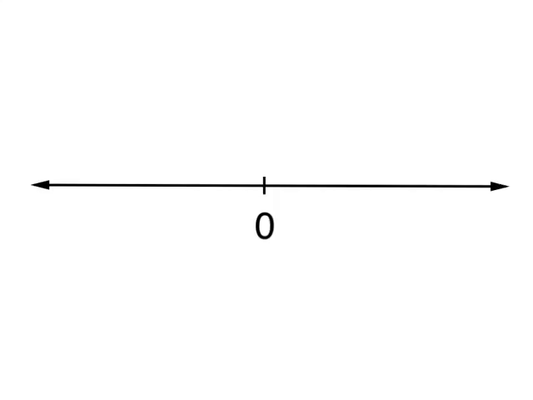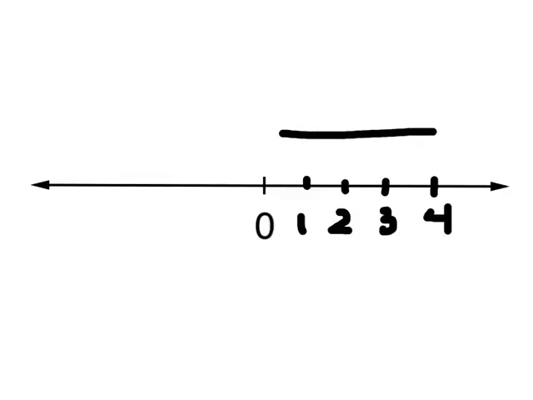Now let's graph that same problem on a traditional number line. You can see that 0 is already positioned on the number line, so I'm going to go ahead and fill out the rest of my number line. You can see that the numbers going this way on the number line are increasing.